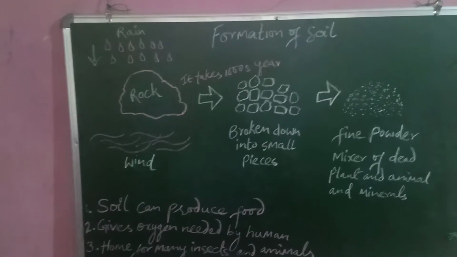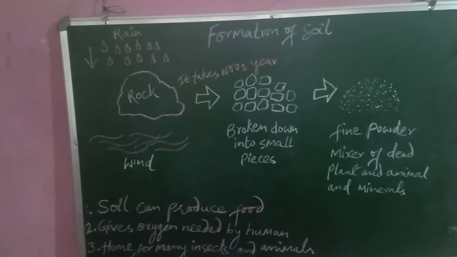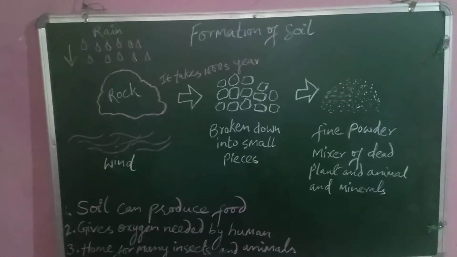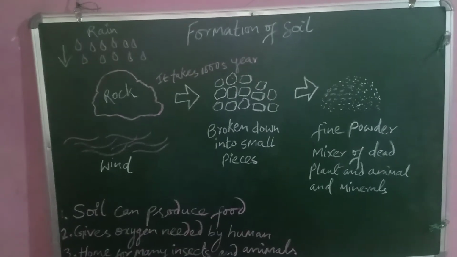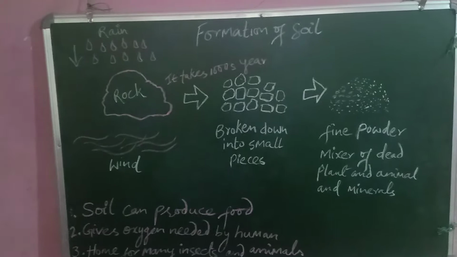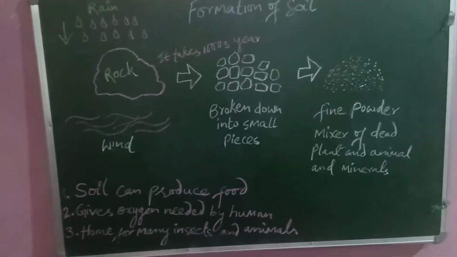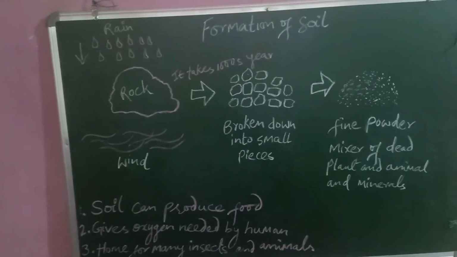Then why is it important? Soil is very important for life on earth. Plants mostly grow in soil. As you can see, most of the trees and small grasses cannot grow without the help of soil, so it is important for them to sustain life.